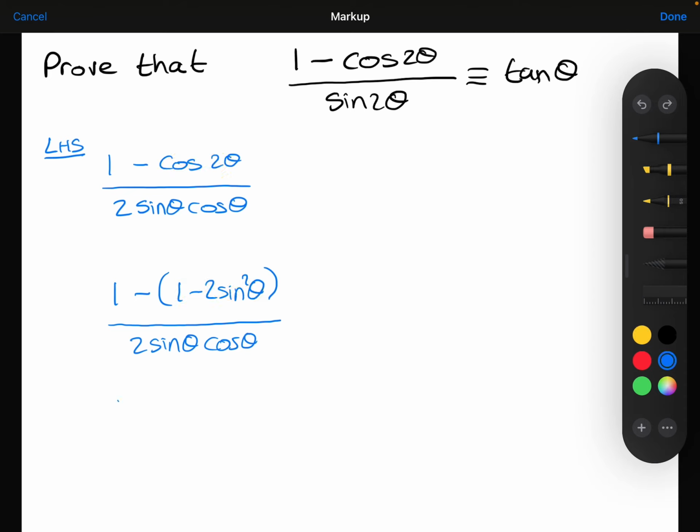Right, let's simplify that numerator. We've got the 1, we've got the minus 1 and the minus minus. And now I notice the 1 minus 1, so that's just 0, that's going to cancel out.